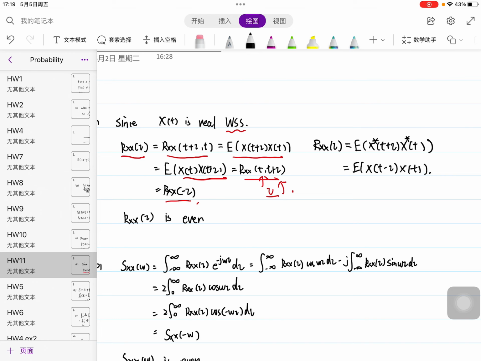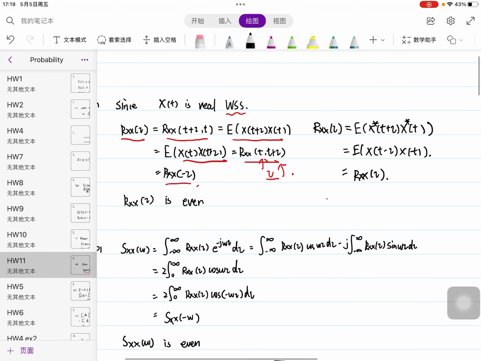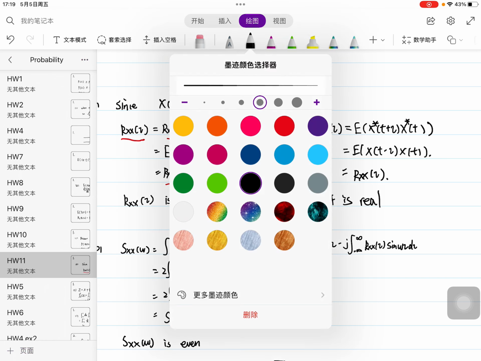So still the time interval is also tau, so it equals to the autocorrelation of x with the value of tau. So we could prove it is real.